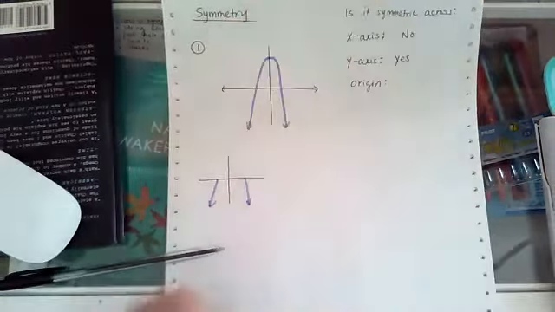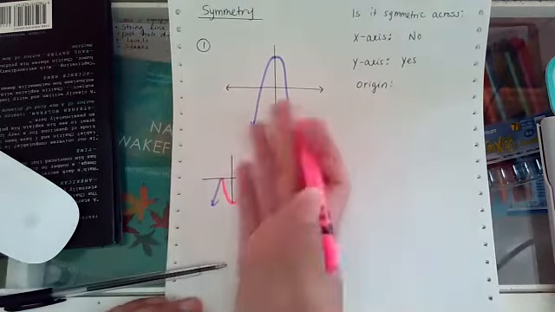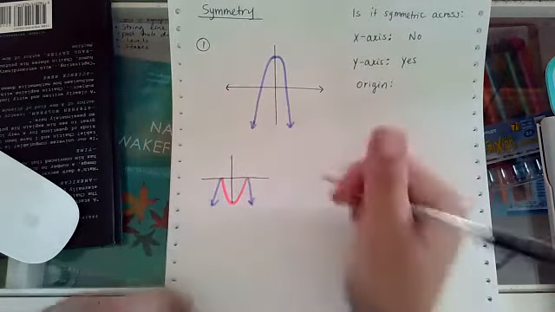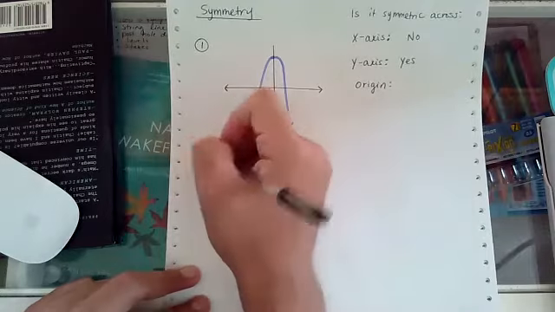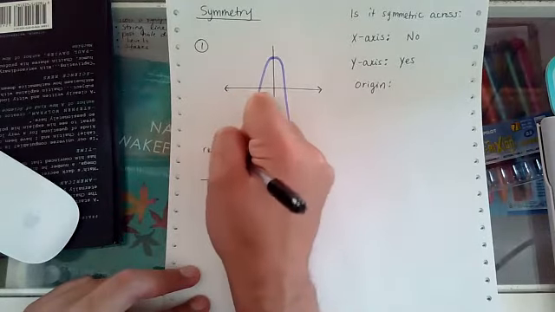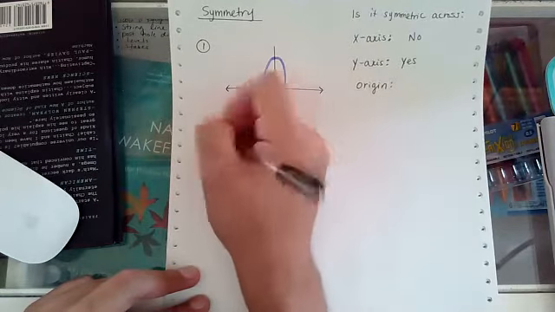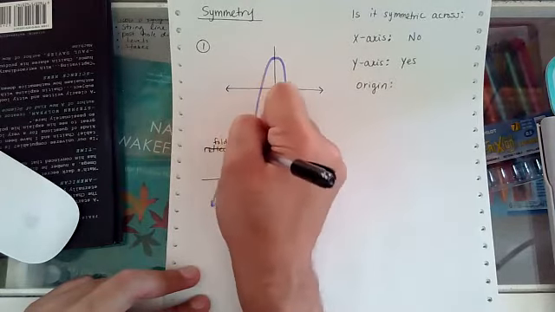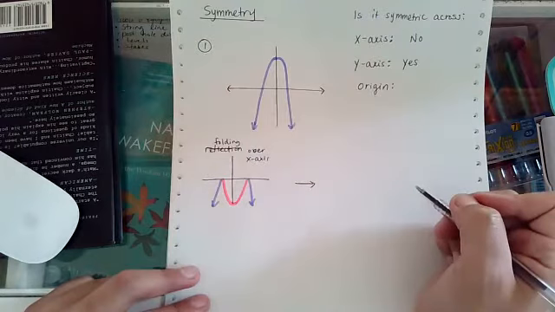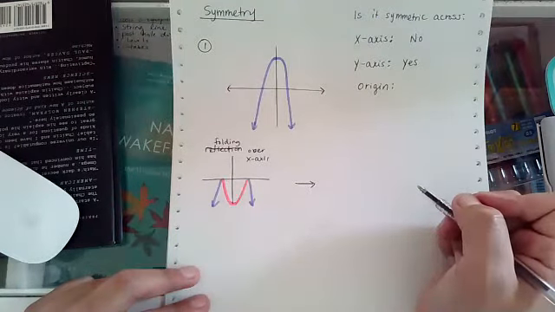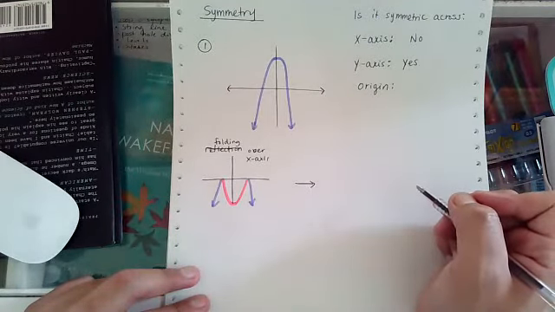And then if I folded it over again across the y-axis, so this is a reflection, or really a folding, over the x-axis. You know what?